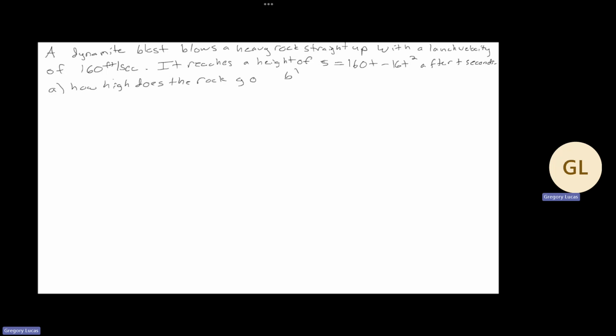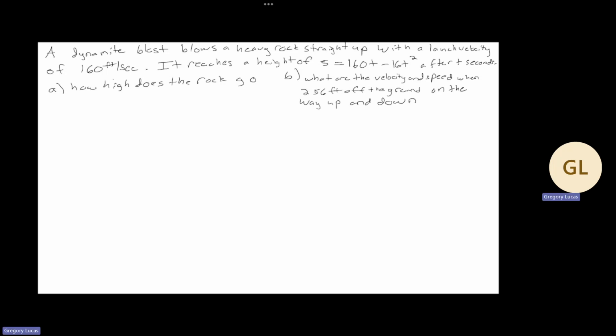B. We'll look at what are the velocity and speed when 256 feet off the ground, on the way up and down.